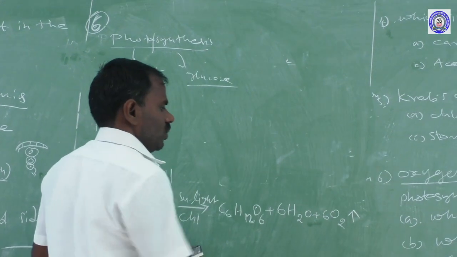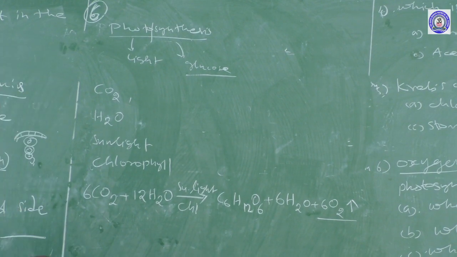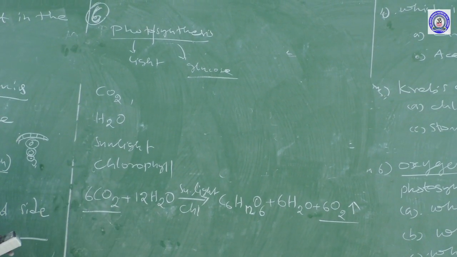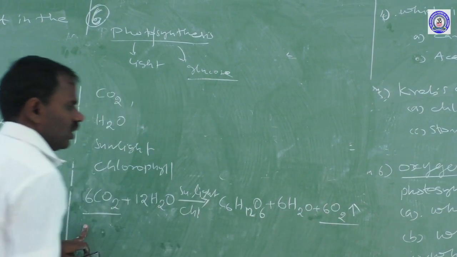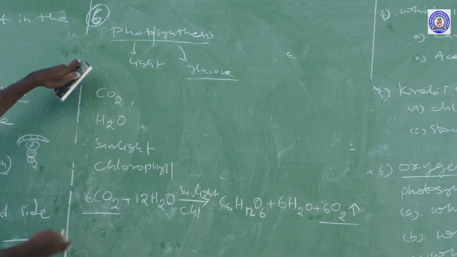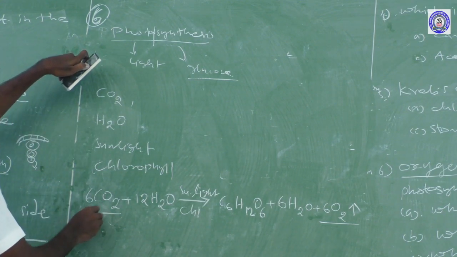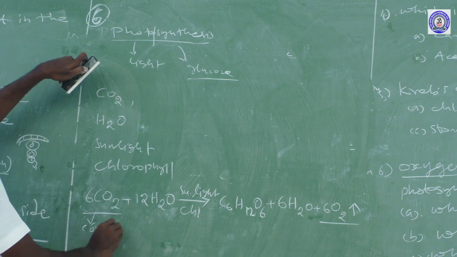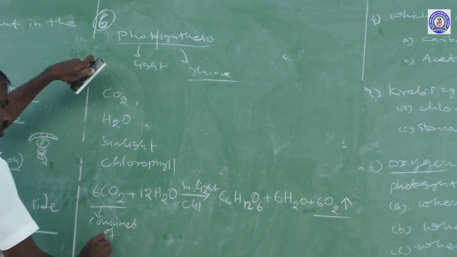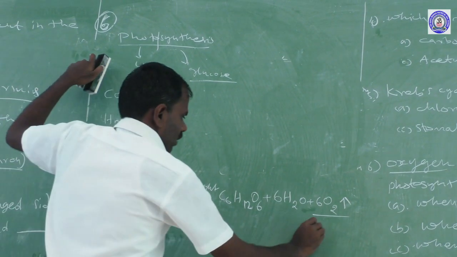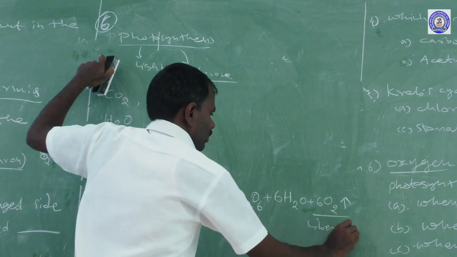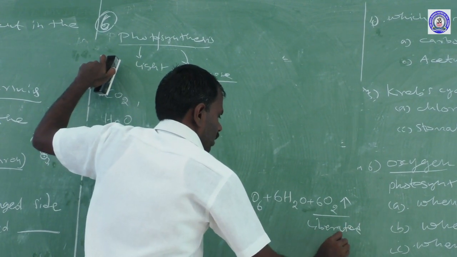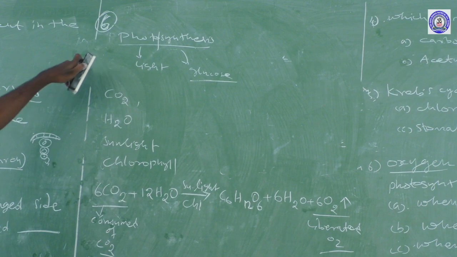Oxygen is evolved during photosynthesis, and carbon dioxide is consumed.